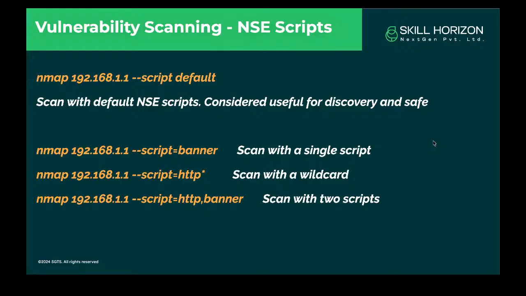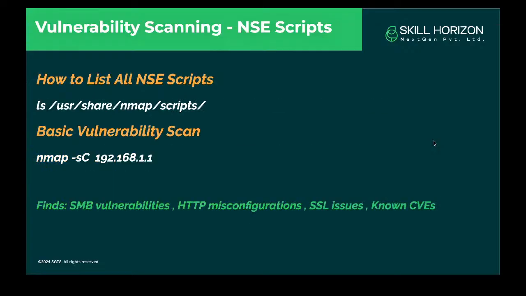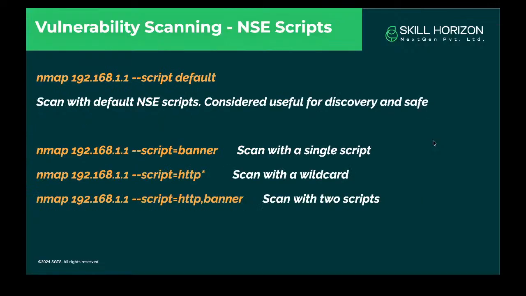And where can you find your scripts? By visiting the Nmap scripting directory. If you include, see the third command, http-*, that means you are scanning with a wildcard. So all the HTTP scripts will be used now on your target and the scan will be performed.